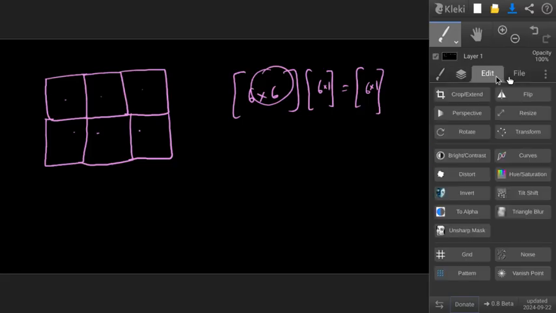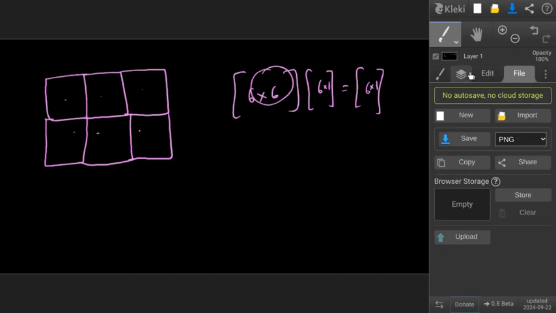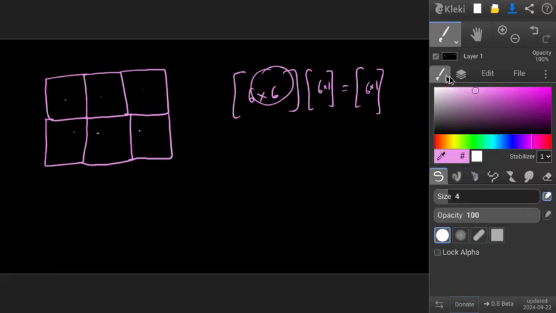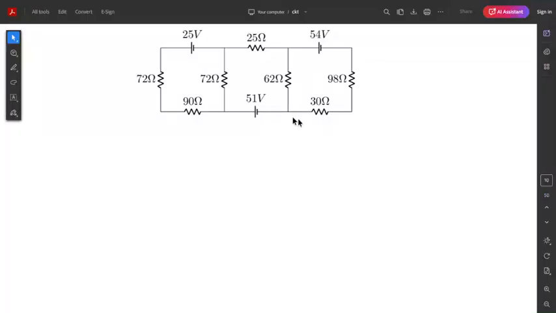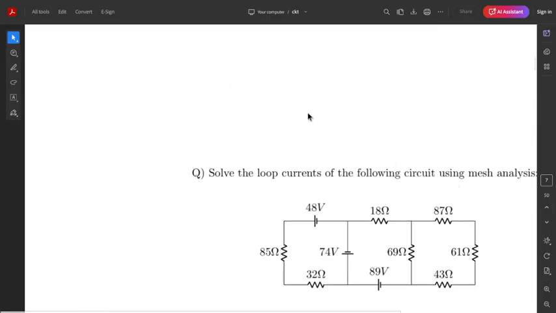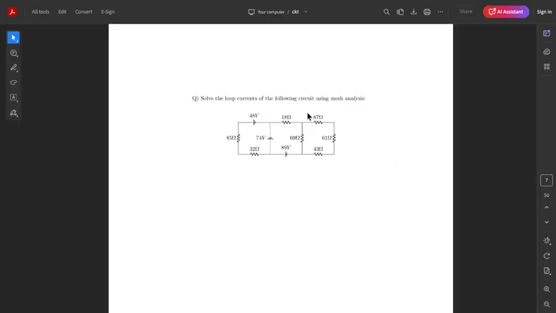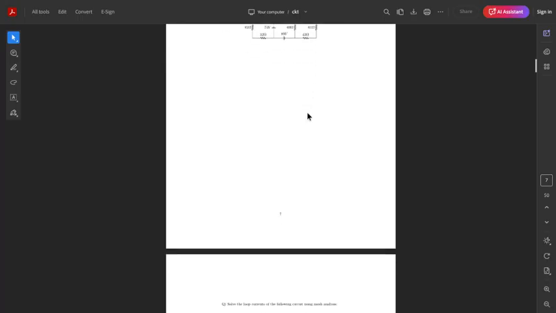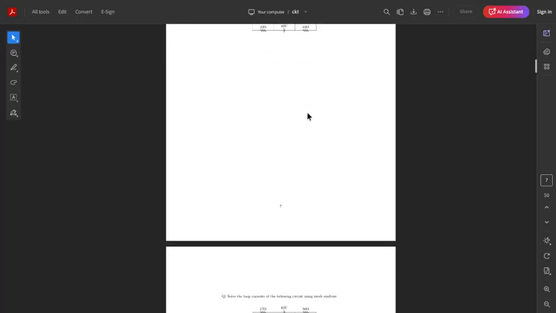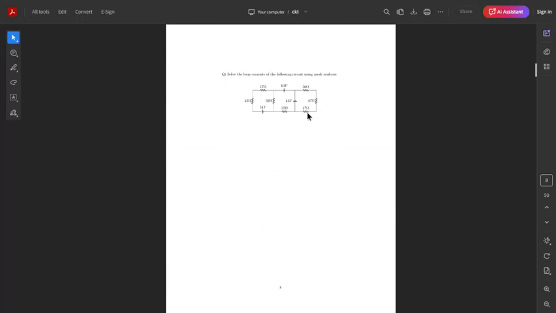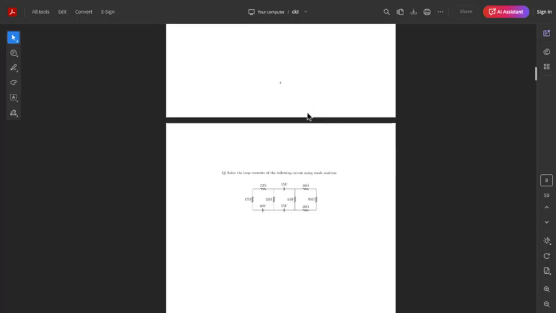So what happened to my earlier? Okay, I think it's gone. Yeah. Any questions you want to ask here? So what I was trying to attempt was something like this. So this is a 50 pages PDF, right? So I want to build a circuit, solve it, and write the answer below, and go to the next page, build one more circuit, solve it, and write the answer below, and so on.